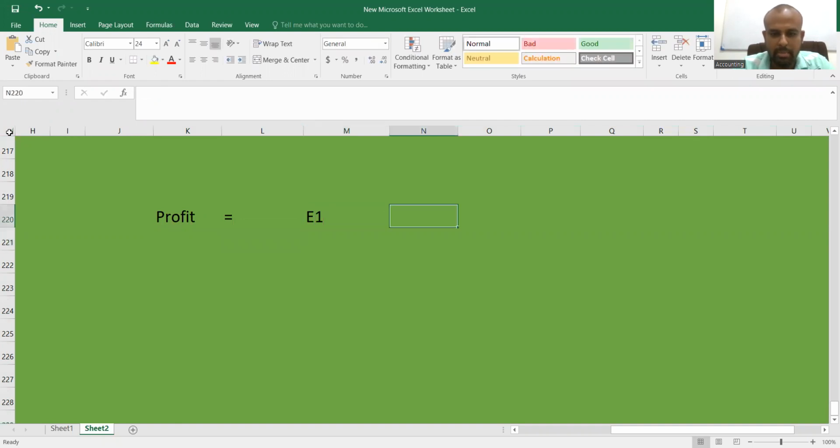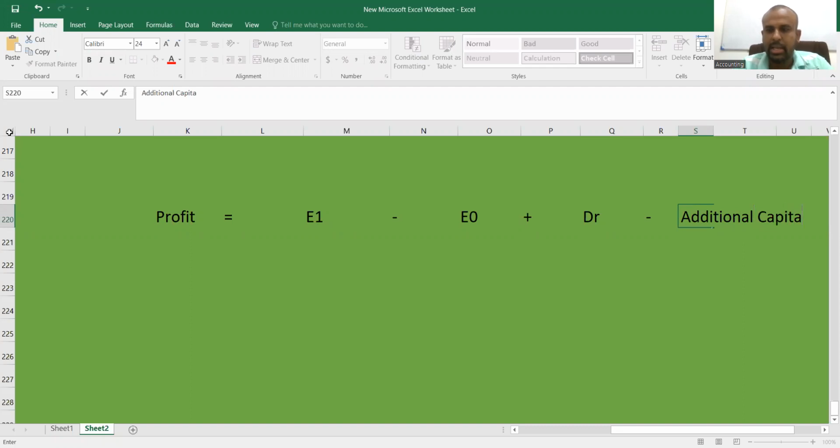Closing equity minus opening equity plus drawings minus what? Additional capital. Additional capital, right? That is the formula that we're supposed to use in calculating the profit.